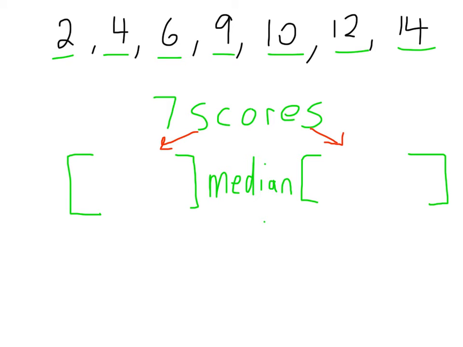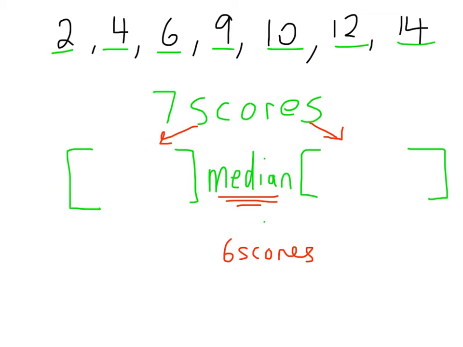Now if there are 7 scores and one of them has to be in the very middle, then that means that there are 6 scores left over. And to split the 6 scores evenly between the lower and the upper set, I'm going to need 3 scores in the bottom and 3 scores in the upper.